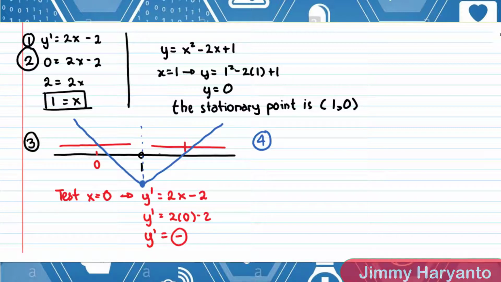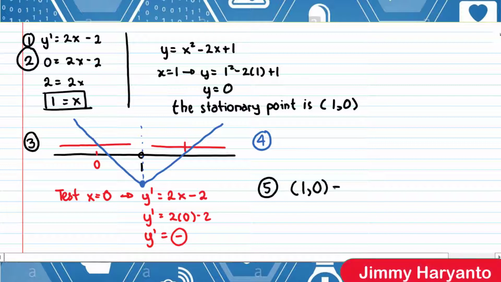With this sketch, we can determine the nature of the stationary point. The stationary point (1, 0) is called a local minima, or minimum point.